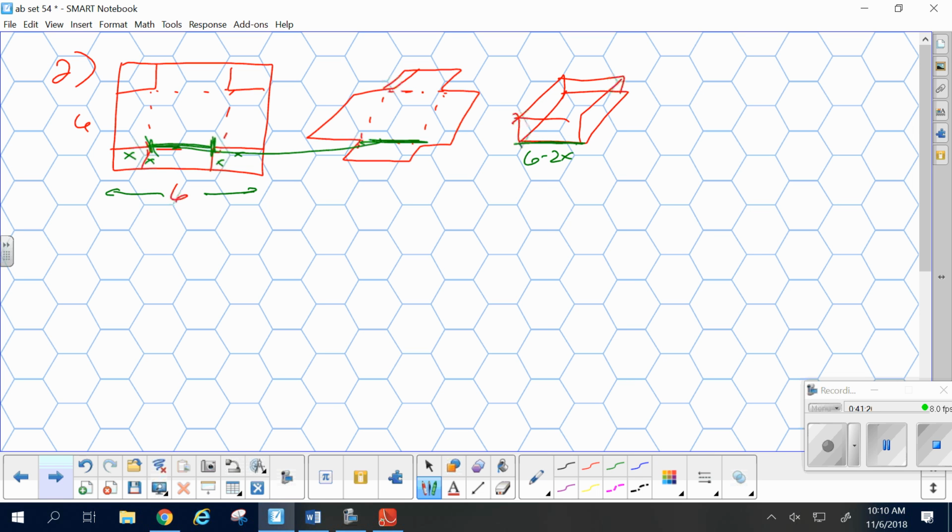By the same token, this side relates to 6 take away an x and an x, so it's also 6 minus 2x. And what's the height? That's the flap itself, so that would be how big the square is. So the volume is length times width times height, 6 minus 2x, 6 minus 2x, times x.